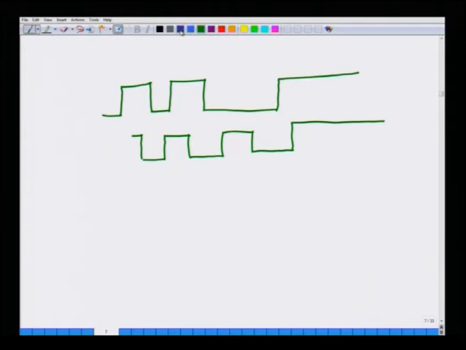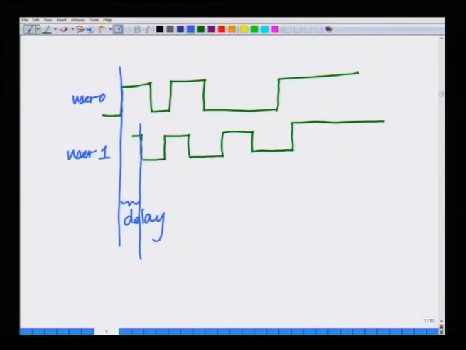So, that is the arrival of user 0's chip sequence and user 1's. This is the chip sequence of user 0, this is the chip sequence of user 1. On the uplink, there is a delay, and this delay is varying because of the mobile nature of the different users.